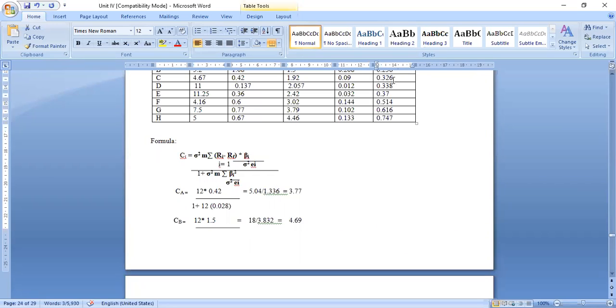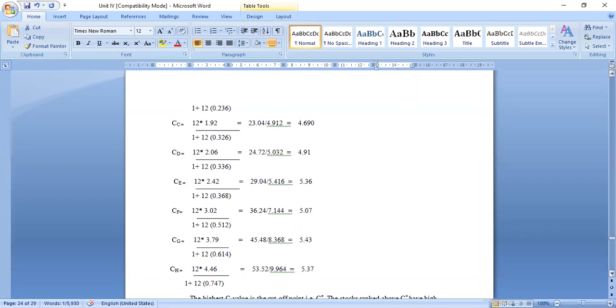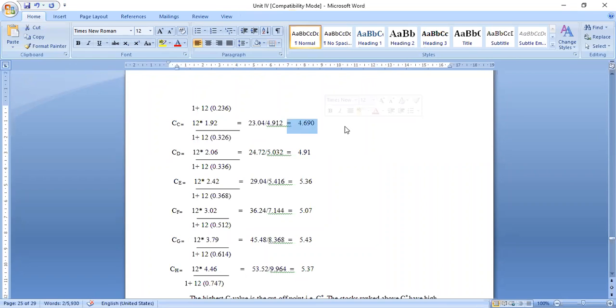This is the value that we are going to take, 0.326. And then when we substitute, 12 into 1.92 is 23.04 divided by 12 into 0.326 plus 1 will give you 4.912. So the final value is 4.690.